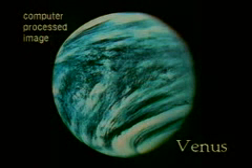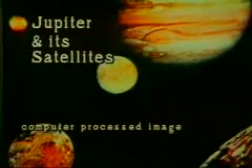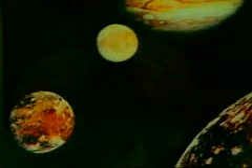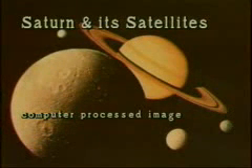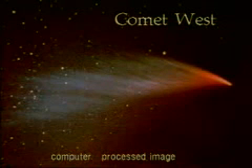Astronomers use telescopes to study a variety of heavenly bodies, such as the clouded yet bright Venus, the cold planet Mars, the giant Jupiter and its satellites, the ringed Saturn with its satellites, the comet West.